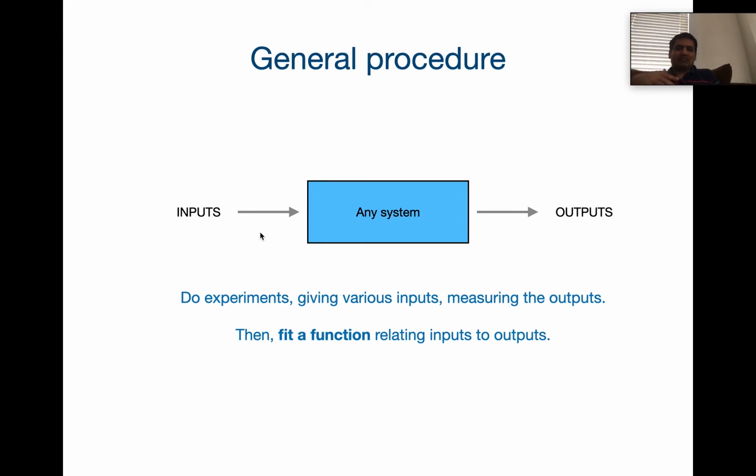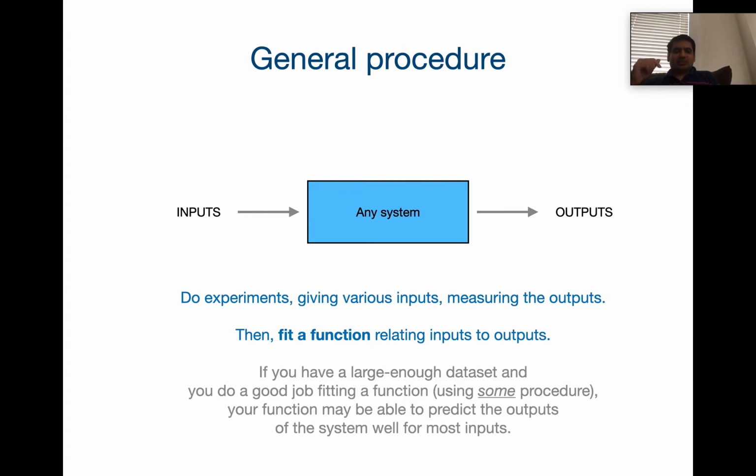And then once you have enough data, you can fit a function relating the inputs and outputs, right? Now, of course, if you have a large enough data set and you do a good enough job of fitting the function using some procedure, not necessarily least squares regression or linear regression, your function may be pretty good at predicting the outputs of the system for most inputs if you do a good enough job, right?